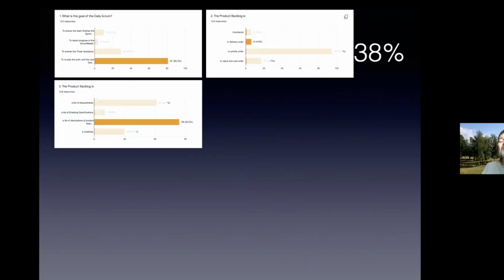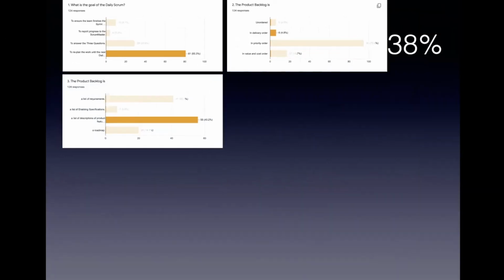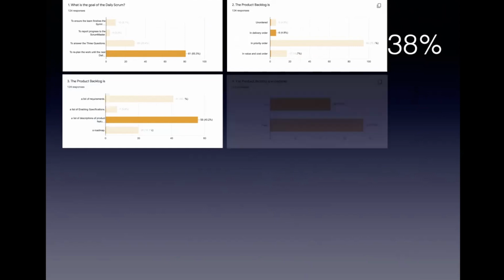It is not a list of requirements. There are no user stories in Scrum. I don't want to see a user story on your product backlog or on your sprint backlog. User stories stop with the product owner. It's a product backlog, not a requirements backlog, okay? But maybe most of you got that right.